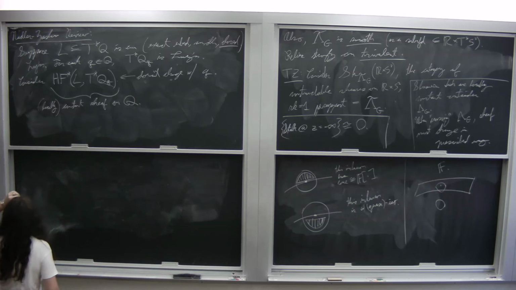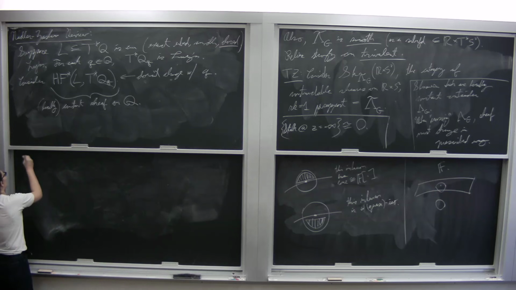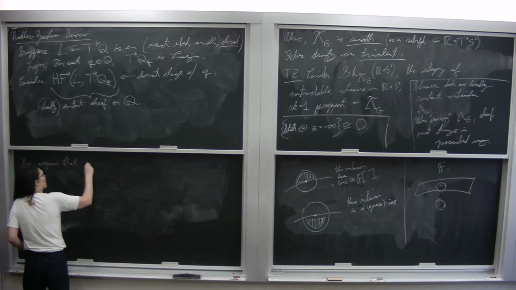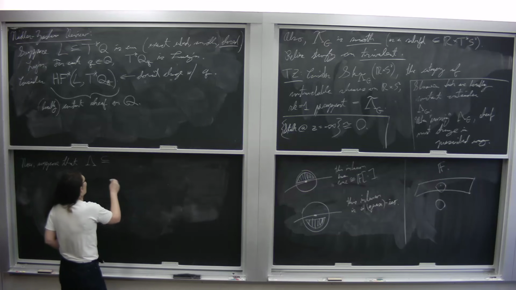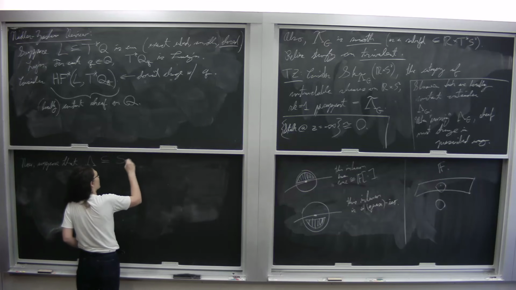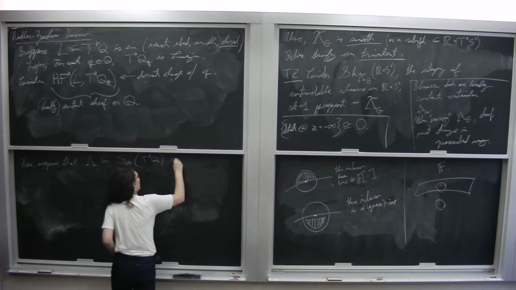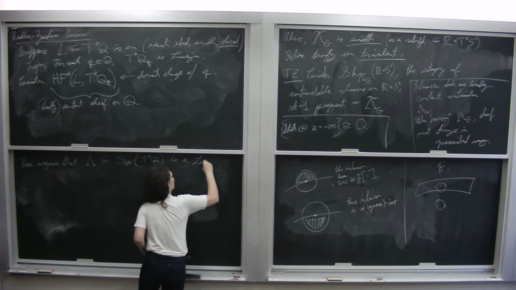Now I'm going to generalize this. It's still kind of the same picture, but now suppose that lambda inside of the sphere at infinity of T star Q is a Legendrian.